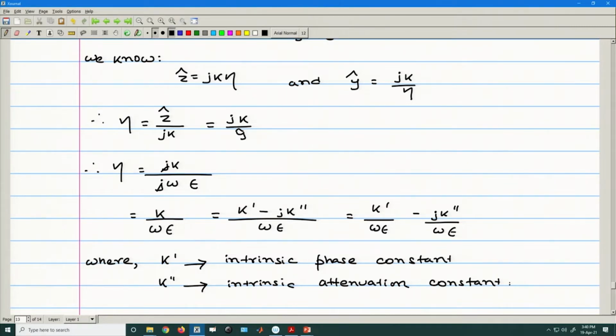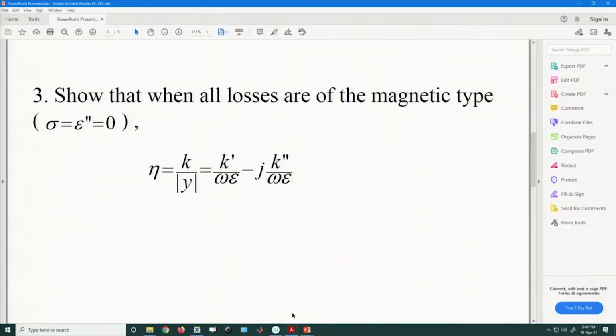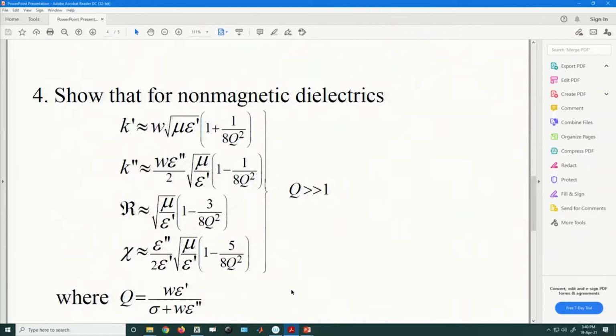So, we will move to the next problem. The next problem is that we need to show that for non-magnetic dielectrics, k prime is given by omega root under mu epsilon prime into 1 plus 1 by 8 q square, where k double prime is given as omega epsilon double prime upon 2 multiplied by root under of mu by epsilon prime multiplied by 1 minus 8 q square.